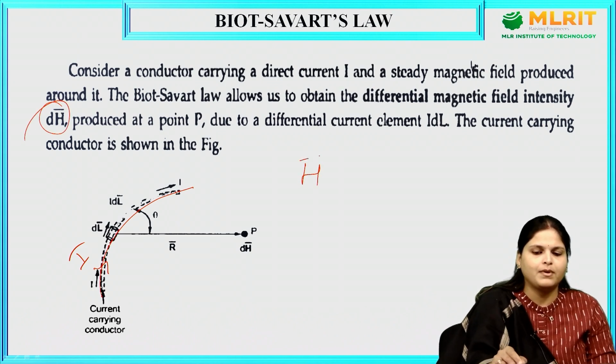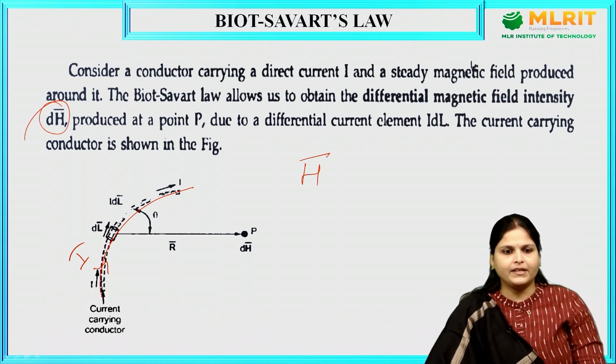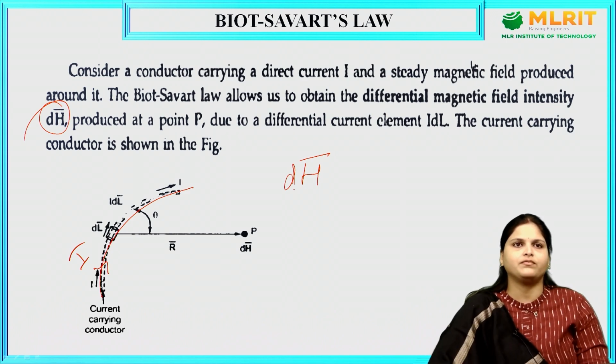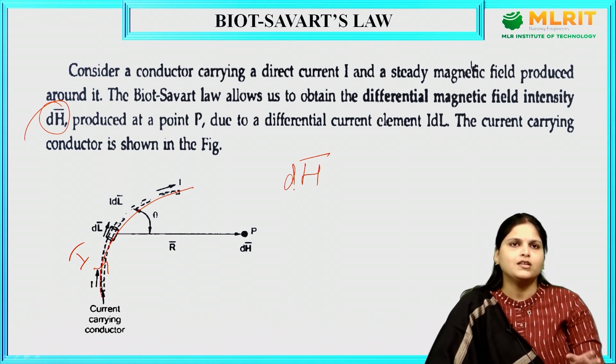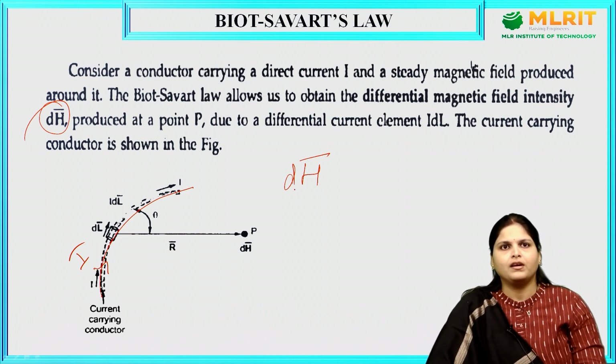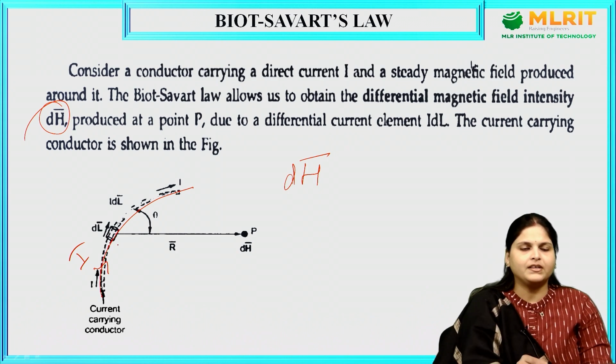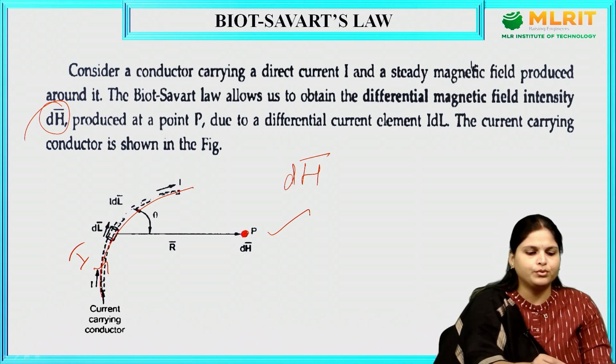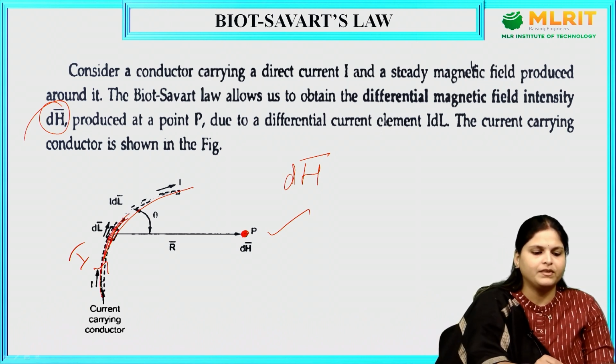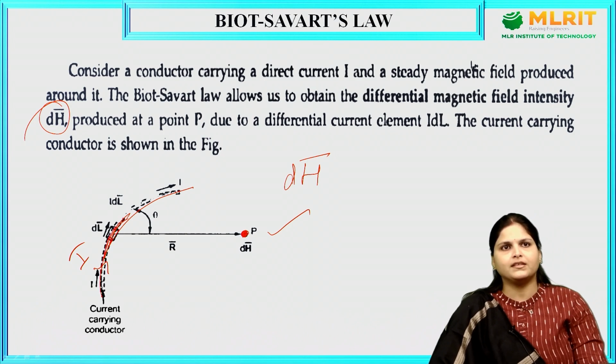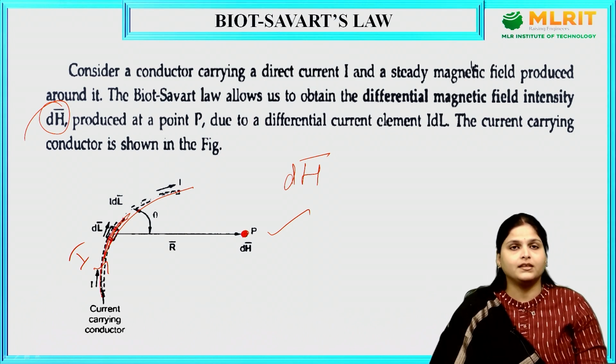Magnetic field intensity is given by H, and when we write d it becomes differential magnetic field intensity. We will obtain this at point P due to the differential element which we are going to consider on this conductor.